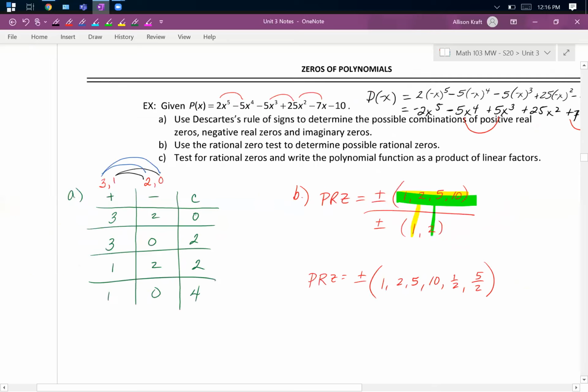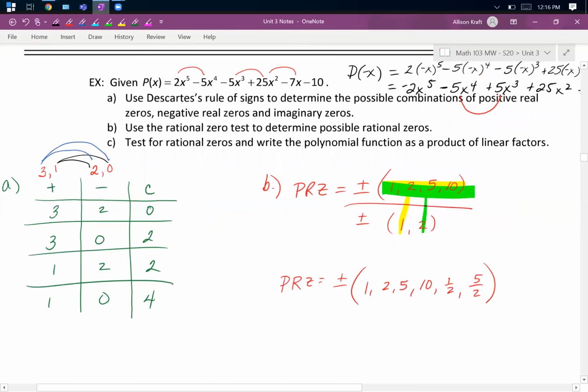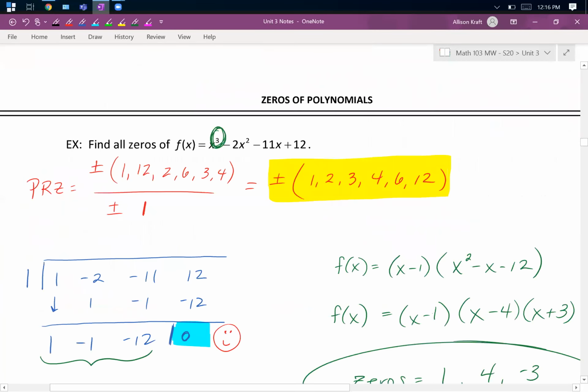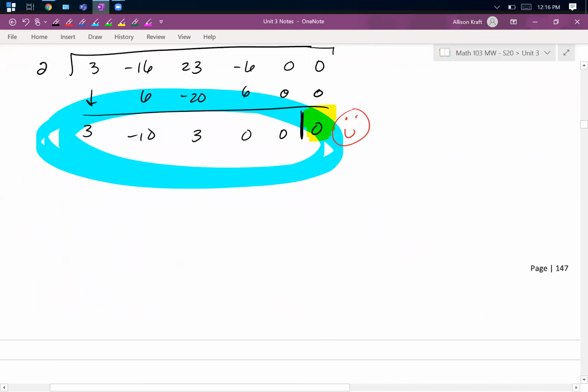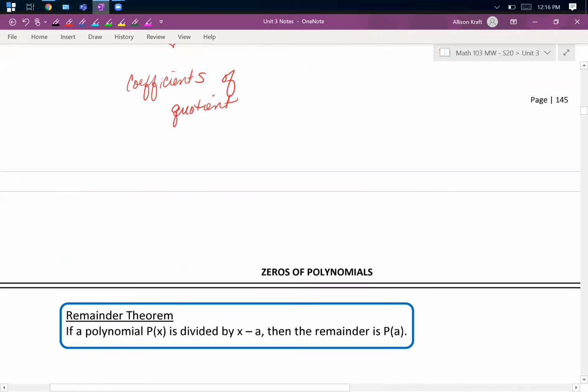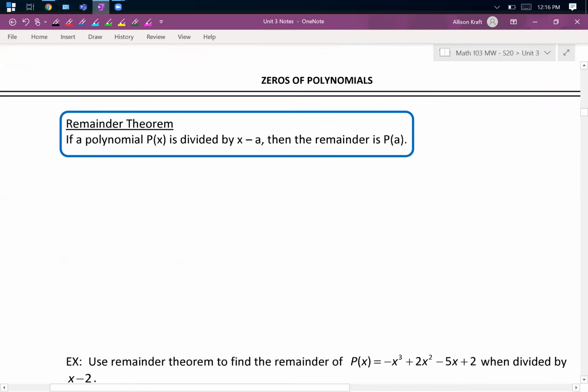Now it's time to start checking these possible rational zeros. Long time ago, when we first started this section, we talked about a theorem called the remainder theorem. And the remainder theorem says that if you just plug the 0 into the polynomial, it tells you whether or not that's a 0. Right?